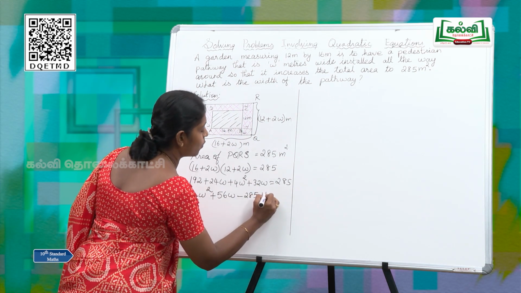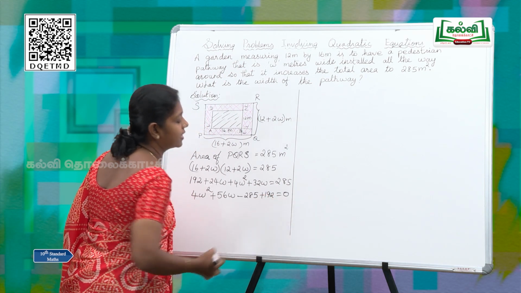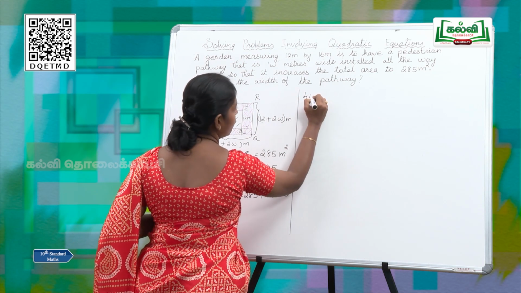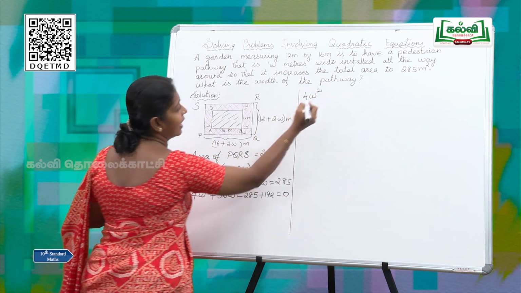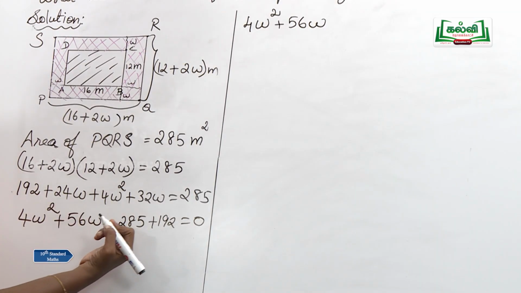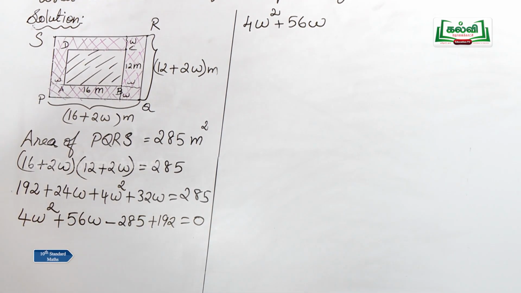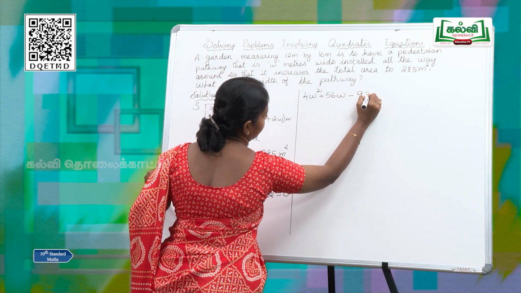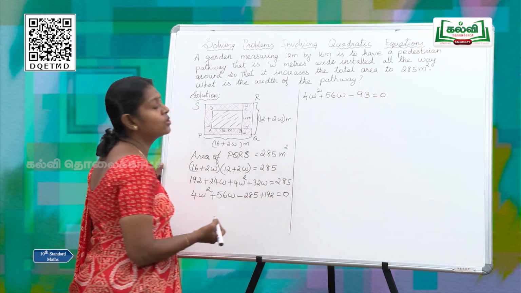Already there is 192. So if you simplify, you will be getting 4ω squared plus 56ω, and then minus 285 plus 192 is nothing but minus 93, which is equal to 0.